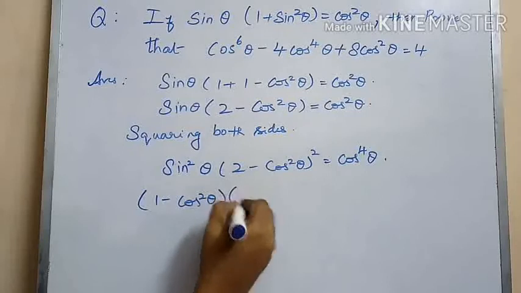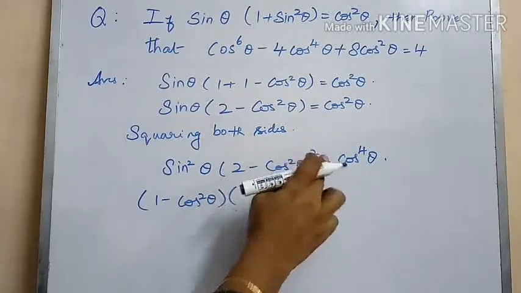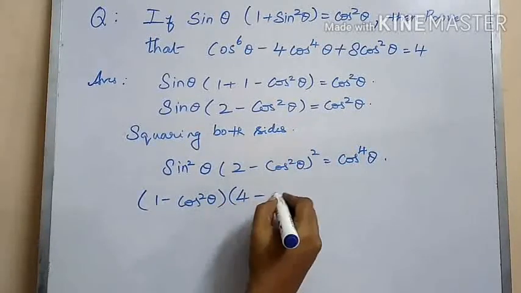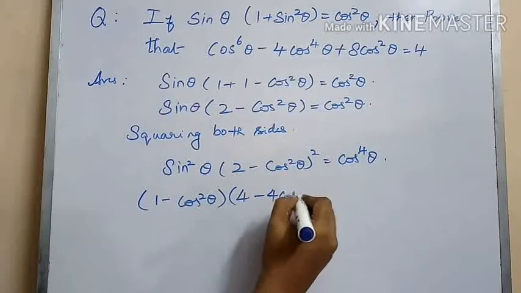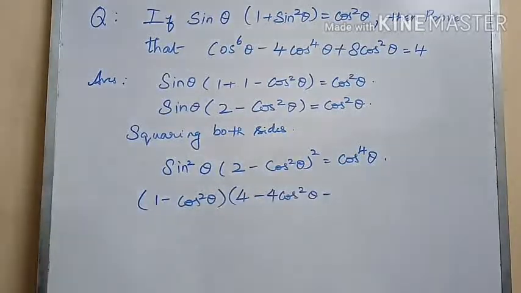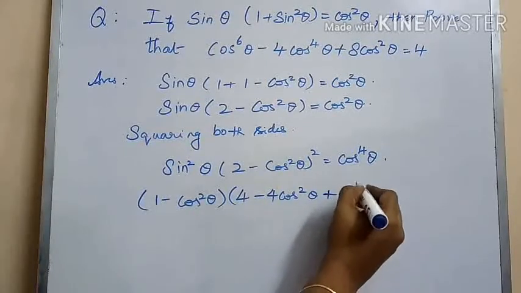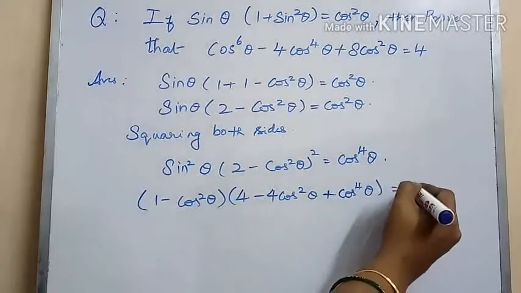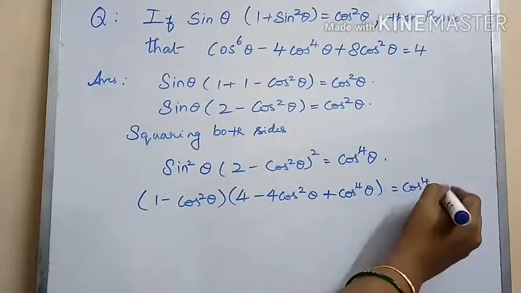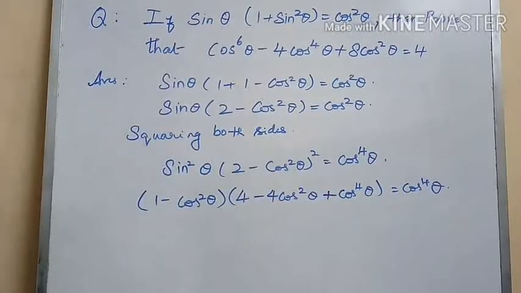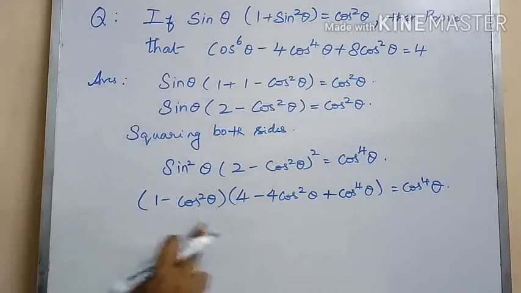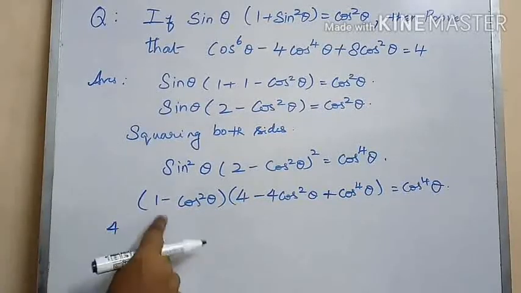We are doing this because the equation that we have to prove is all in terms of cos. So we convert sin in terms of cos. Now let us expand 2 minus cos squared theta the whole squared. We get 4 minus 4 cos squared theta plus cos power 4 theta.